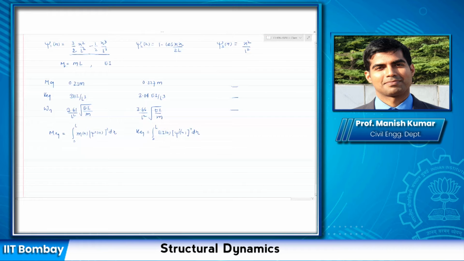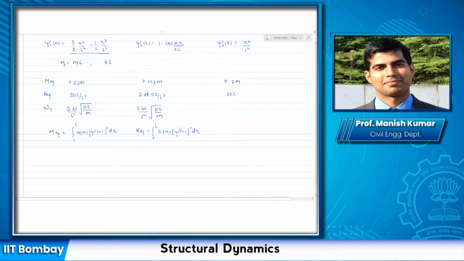You are getting M equivalent as? Anybody? 0.2 m. 0.2 m, correct. And K equivalent as 3 EI by L cube. We derived this last class, remember? Then substitute it. What do we get here as frequency? Can you substitute and find that out for me?